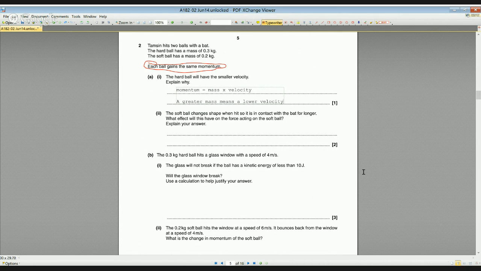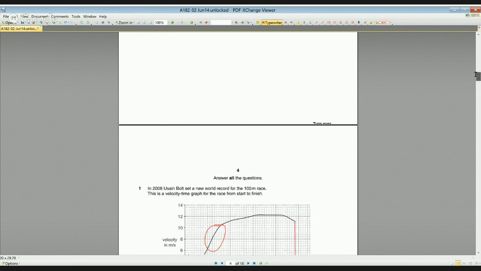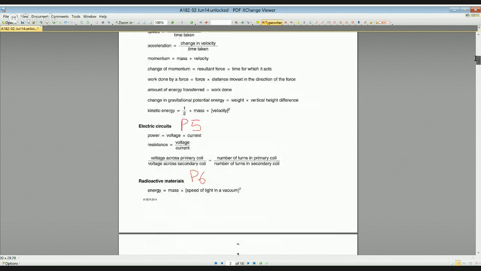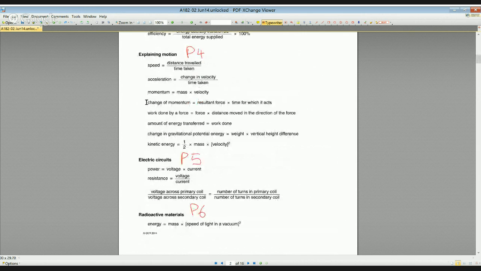Part 2, the soft ball changes shape when hit so that it is in contact with the bat for longer. What effect will this have on the force acting on the soft ball? Again, we're going to need to take a look back at our formula sheet here. And we'll see that the second momentum equation is that change of momentum equals resultant force multiplied by the time for which that force acts.